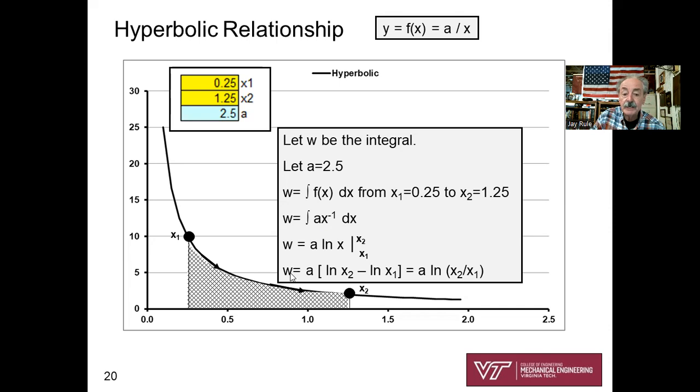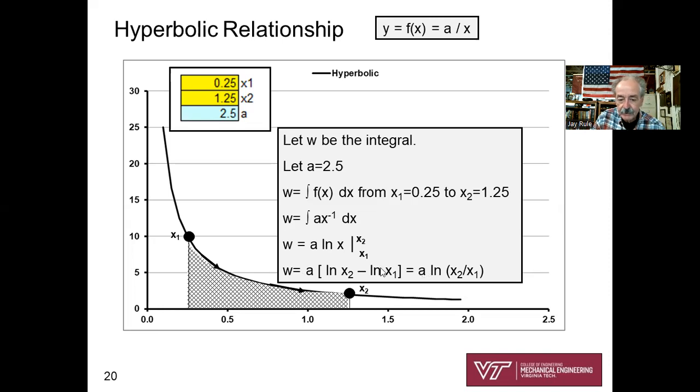We've got to come up with a number for the integral of f of x dx from x1 to x2. So we're going to jam in a times natural log of x evaluated from x1 to x2, which is a times the quantity natural log of x2 minus natural log of x1. We can simplify this because we've got to minimize our calculator time.